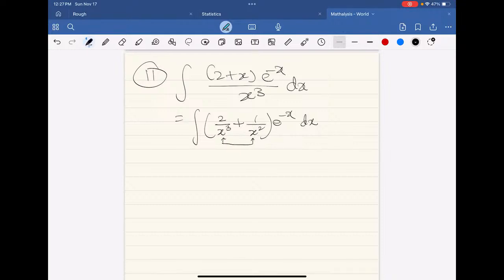So now if I try to break it, actually this is just 1 by x square e to the power minus x plus 2 by x cube e to the power minus x dx, right? Now how does this even work?